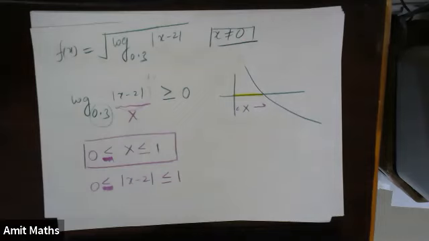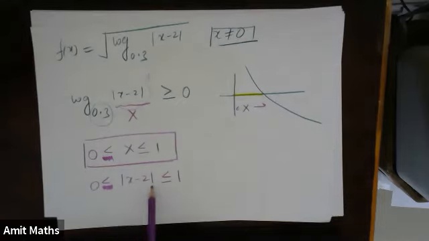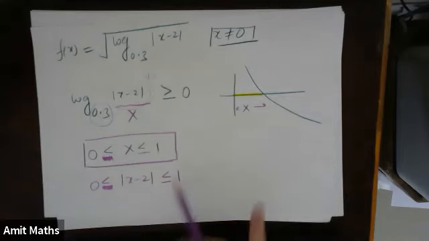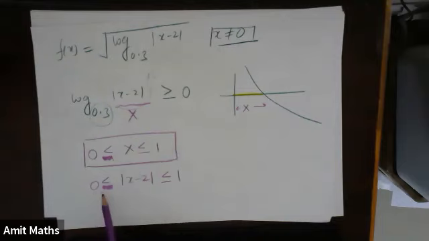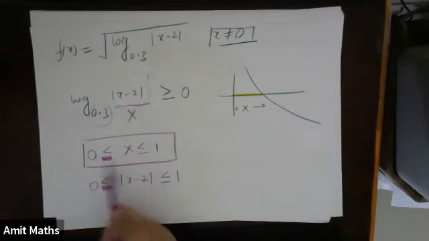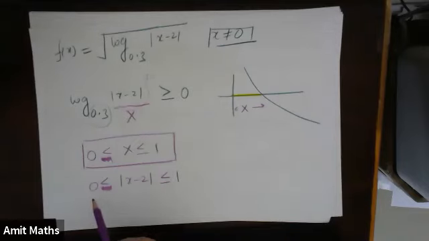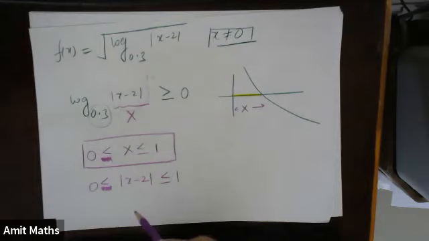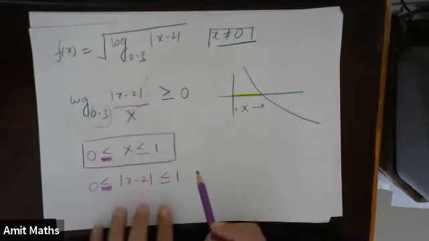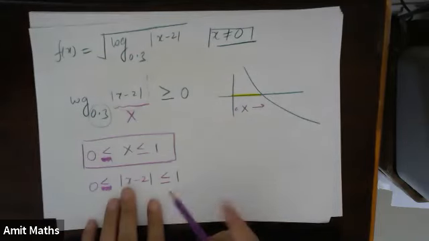Okay. Now see, mod of x minus 2 is always greater than or equal to 0. But in this case, we do not have to take the equal to. That means which value of x can I not take?